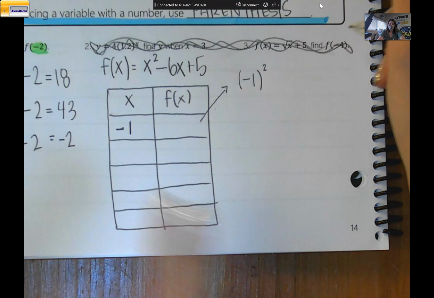Then we do the -6 parenthesis -1. And then finally a +5 on the end. So this is what you are plugging into your calculator. You're replacing all of the x's with -1.